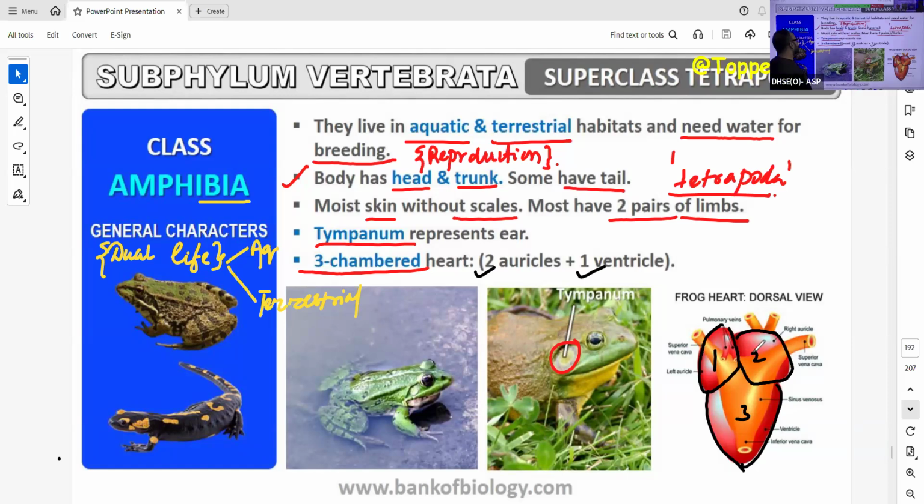Since they have a three-chambered heart, therefore we can call this incomplete double circulation. Incomplete double circulation. Why?